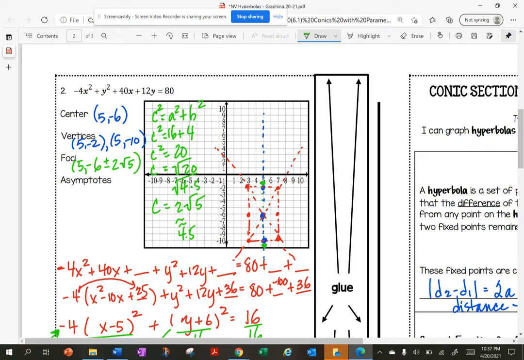Right, so last thing I need to do is find the equations of my asymptotes. So my asymptotes, so my rise. So I'm just looking at just one square here. So my rise is 4 and my run is 2. So I know I'm doing 4 over 2, which is 2.